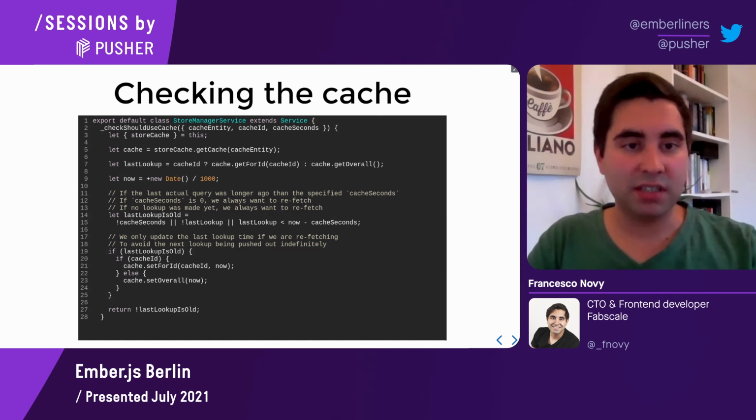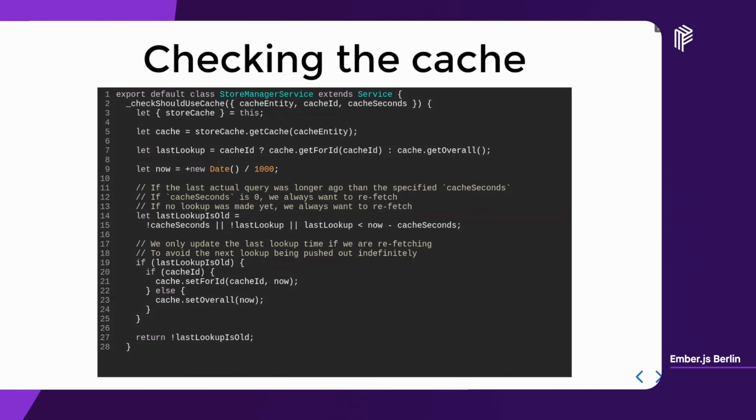The way we have it is we have a store cache, which is basically a map of maps. So it is a map per entity type. And then each of these map items has another map per ID, more or less. So we can always look up when was the last request made for this given ID or for this given name if I don't give an ID.